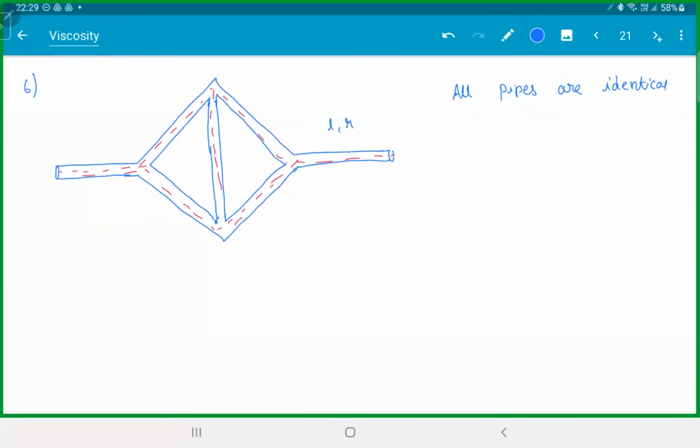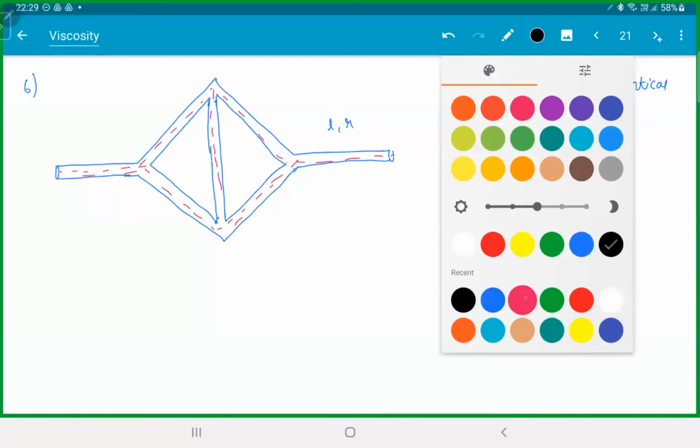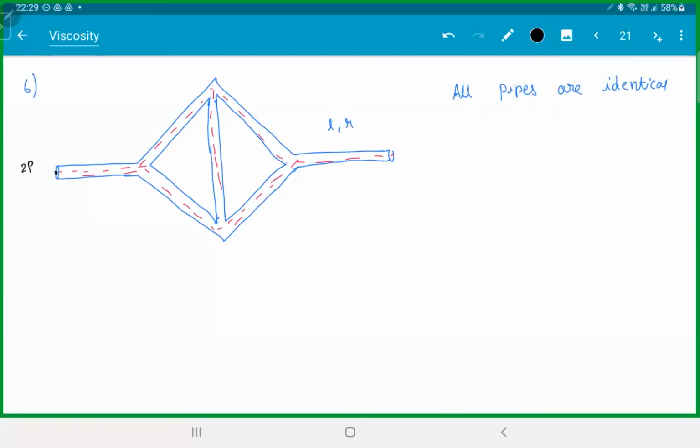L and R all have the same values. At this point the pressure is 2P naught and at this point the pressure is P naught. A, B, C, D, E and F. Find R equivalent, volume flow and pressure at B, C, D, E.